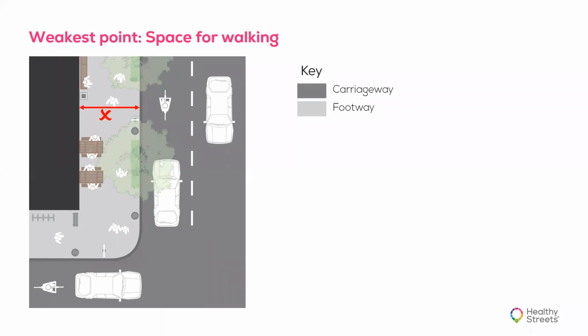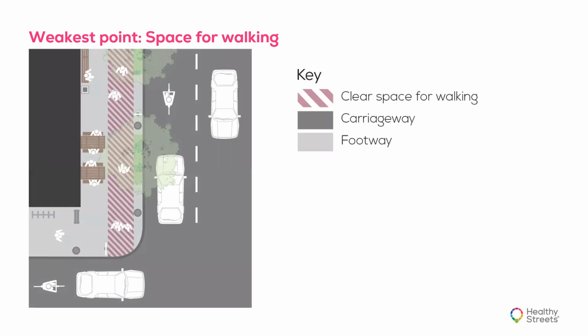We're looking at the weakest point. And if you have a look at this street, you can see we've got bins and trees and benches and signposts that are all having an impact on the effective width of the space for walking. So in fact, what we measure with this metric is the narrowest continuous space for walking.